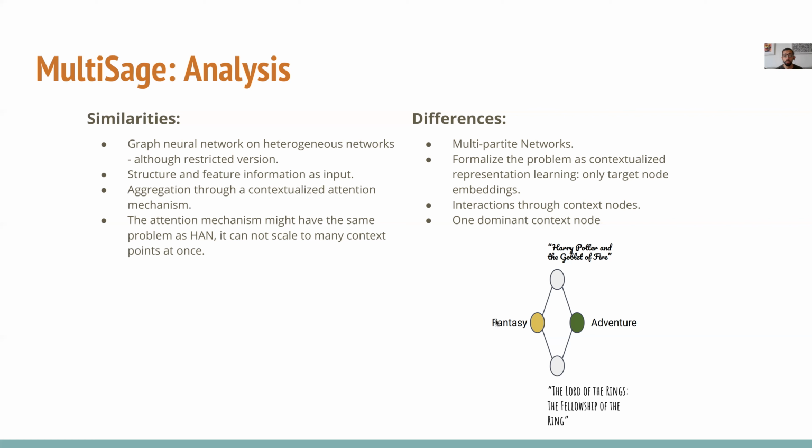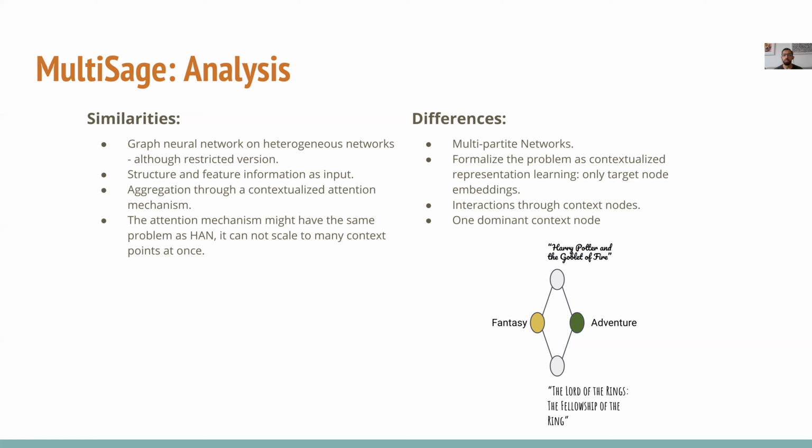We have an example here of the Harry Potter movie and the Lord of the Rings movie, and you can see they have a context node, which is the type of the movie. In this case it is fantasy, in this case it's adventure. Both of them are types for the two movies, and you can see that both of them are important. You cannot just take one of them and exclude the other. So these are the similarities and differences between MultiSage and all the other work.